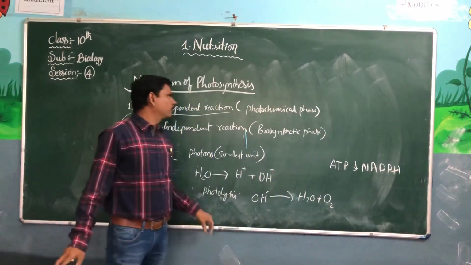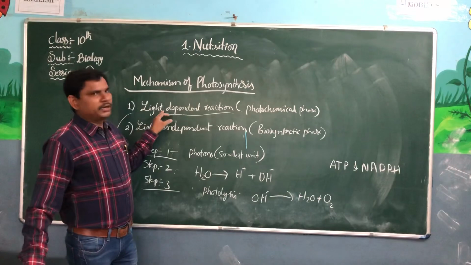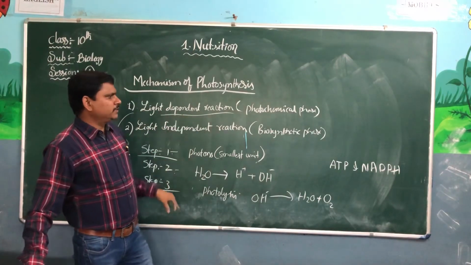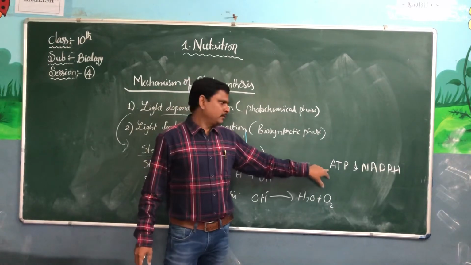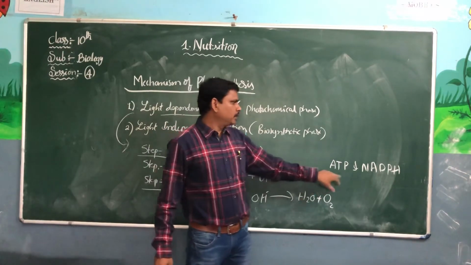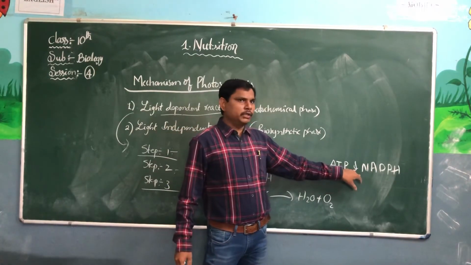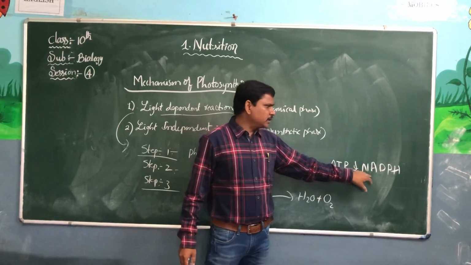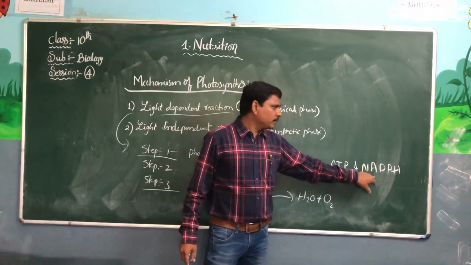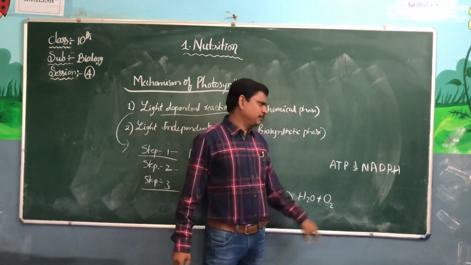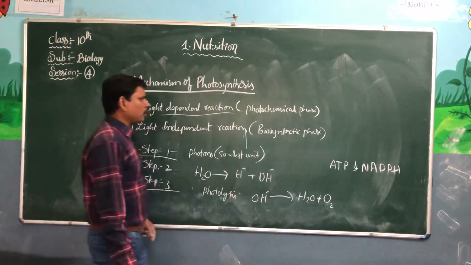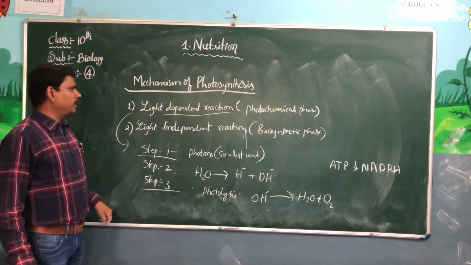The end products of the photochemical phase are ATP, adenosine triphosphate, and NADPH, nicotinamide adenine dinucleotide phosphate hydrogen. So these are the end products of light dependent reaction.